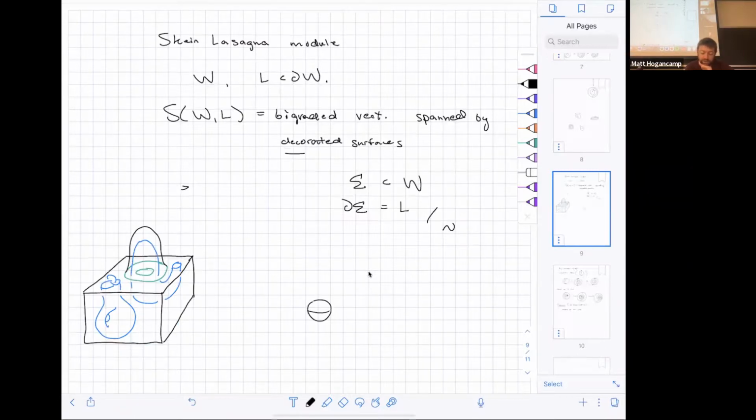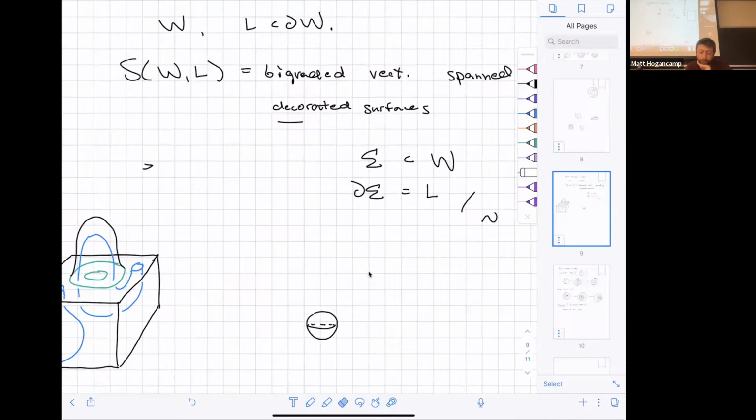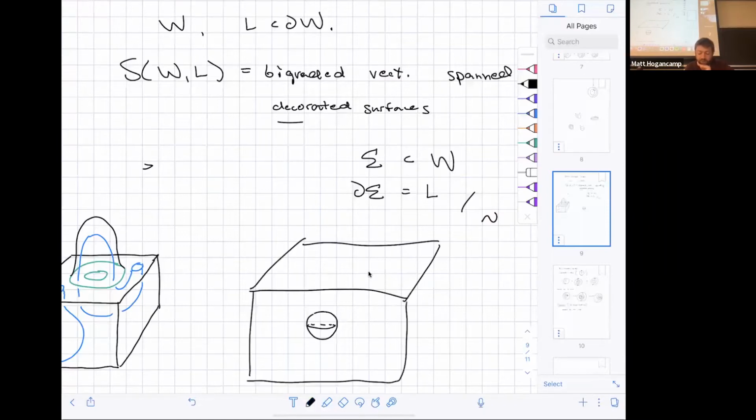and I'm sorry, I didn't add this picture beforehand. But let's see if I can attempt something here. So if this is a picture of my four manifold, and here is my link on the boundary, elements of this skein lasagna module are really, so I have to choose some balls in the interior of my four manifold and some links in the boundaries of those.